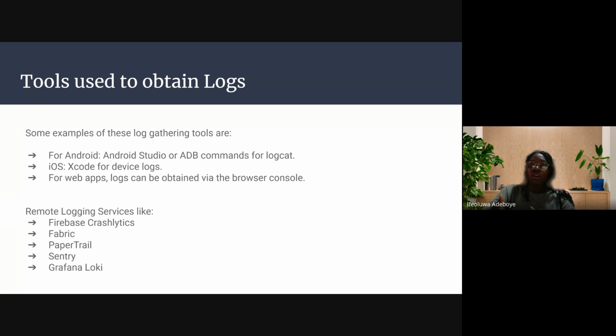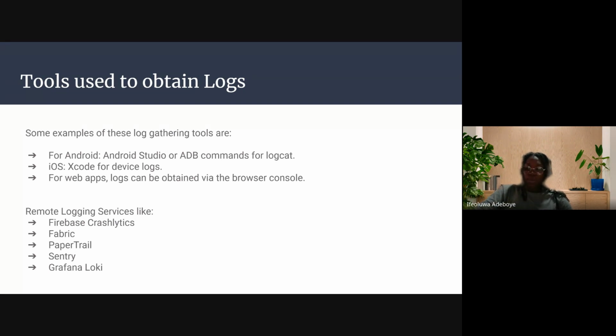So the way a lot of log gathering works, for you as a tester, is that you have your test device, right? So for example, let's say you're testing on iOS or on Android. You have your phone and you have your laptop. It could be either a MacBook or a Windows machine, right? And you connect it the same way you would connect your phone to your laptop with a USB. That's basically what you're doing.